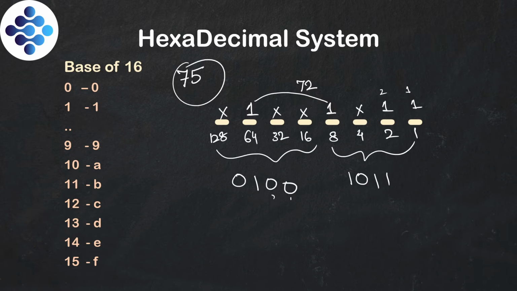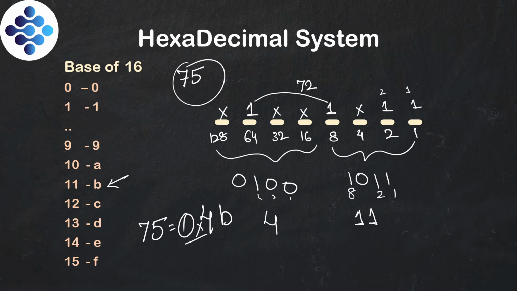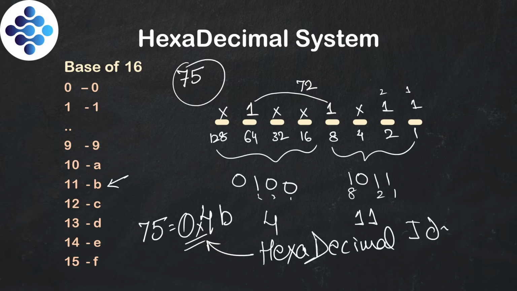So this is 4, and the second part, this is 8, 2, 1, that's 11, and we know that 11 is B, so 75 is 4B. But we write over here 0x because 0x is the hexadecimal identifier, right?